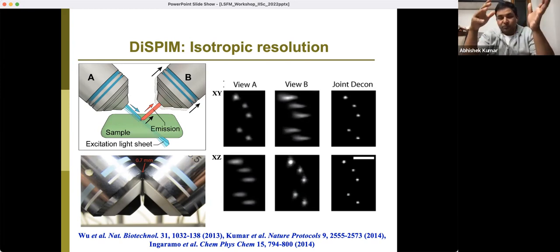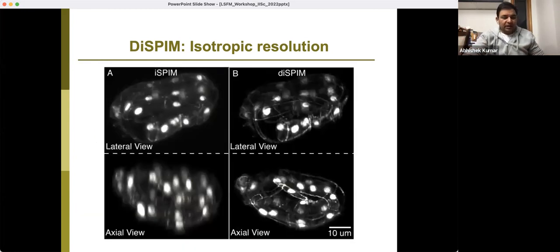Now we have implemented some workarounds where we just illuminate from one side and capture both views, but that works for optically transparent and small samples, not for large samples. And here is another example of C. elegans. If you combine those views, you get more three-dimensional information.